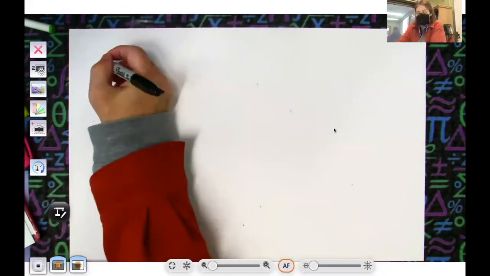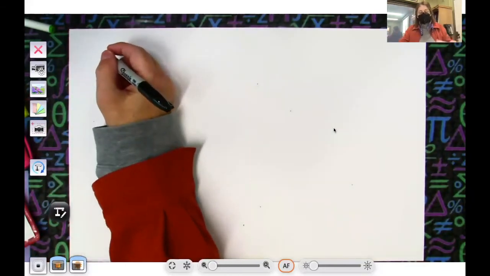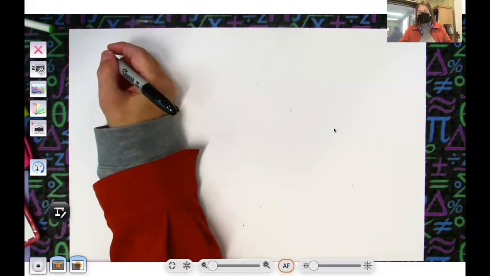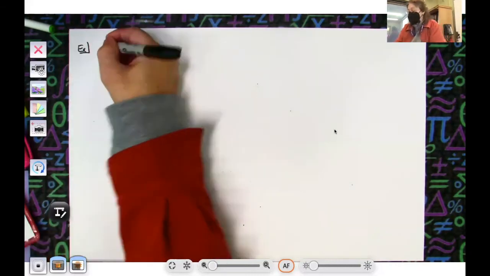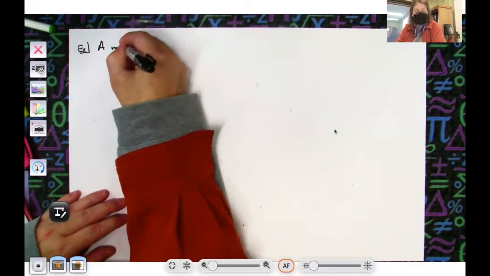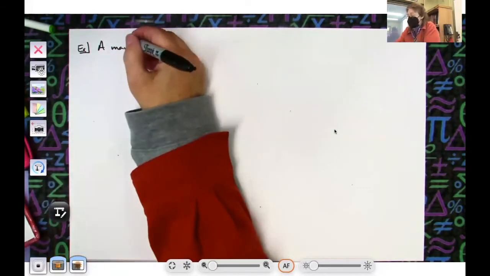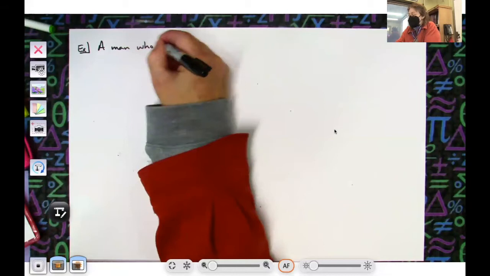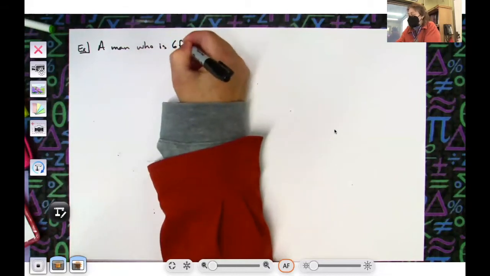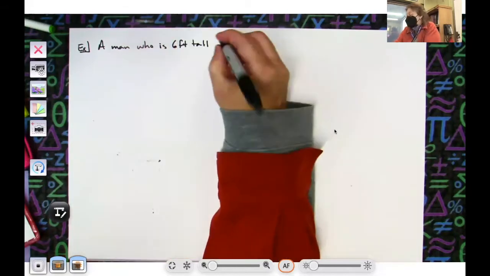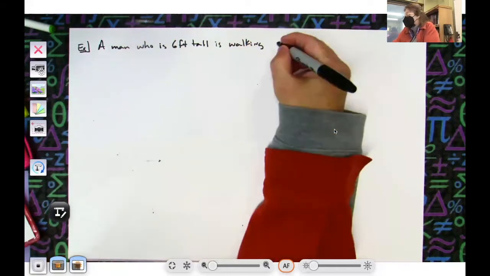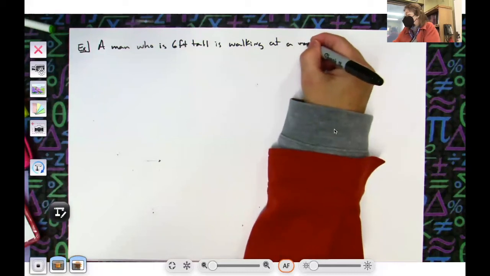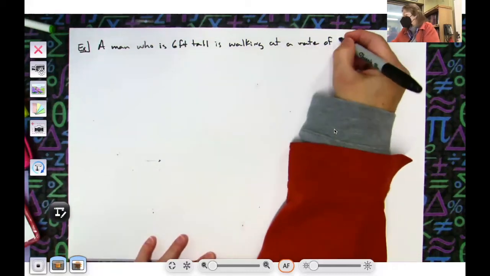All right, so let's try one where we're actually doing the tip of the shadow. We're going to stick with the same man and the same light pole for the most part. A man who is 6 feet tall is walking at a rate of 5 feet per second.